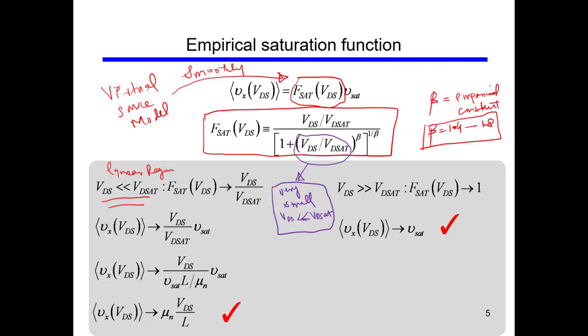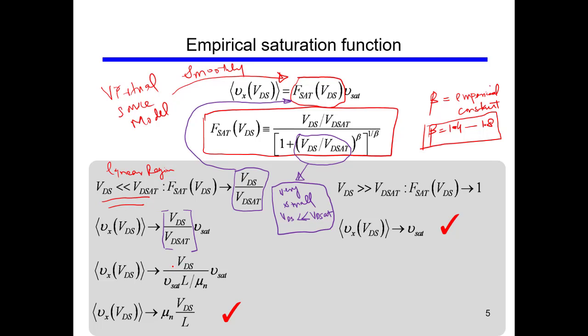So the denominator goes away, and what remains is VDS by VDSET. Now if we put this in here, we will get VDS by VDSET into saturation velocity.